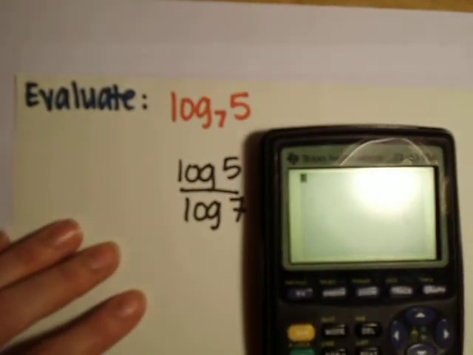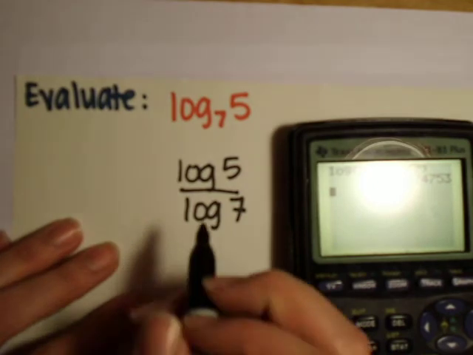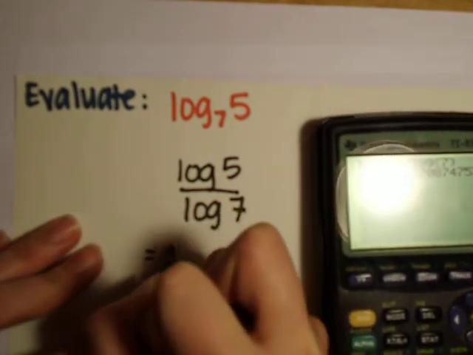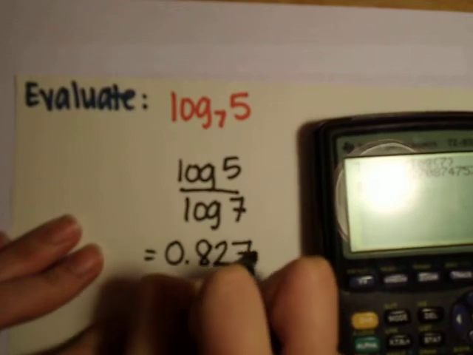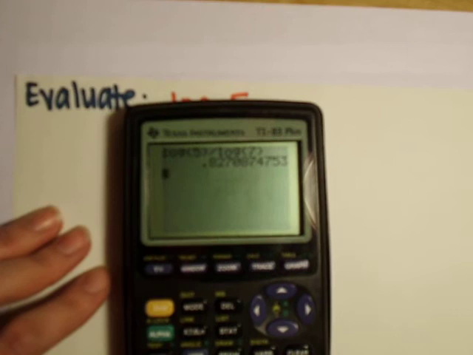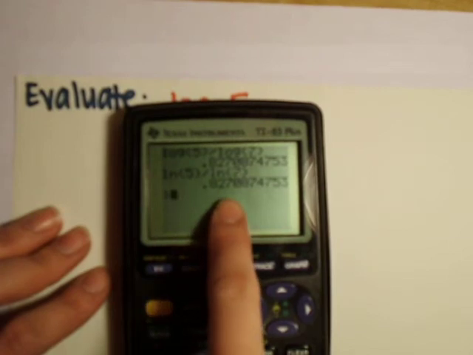It's the log of 5 divided by the log of 7. And we get 0.827. We can see this works also if we use the natural log. We can use the natural log of 5 divided by the natural log of 7, and we're going to get the same answer.